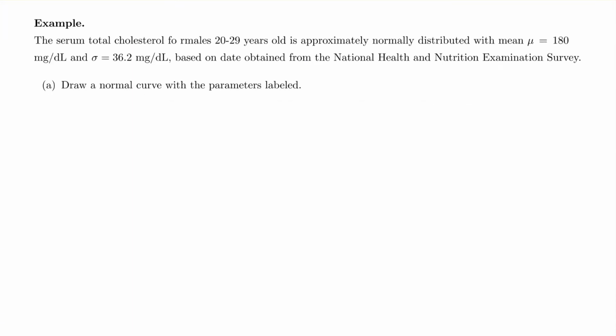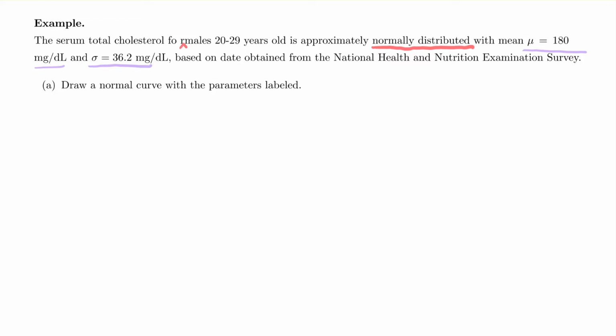So let's look at another example. The serum total cholesterol for males, 20 to 29-year-old, is approximately normally distributed, with mean of 180 milligram per deciliter and standard deviation of 36.2 milligram per deciliter.